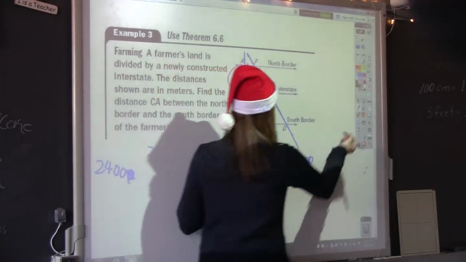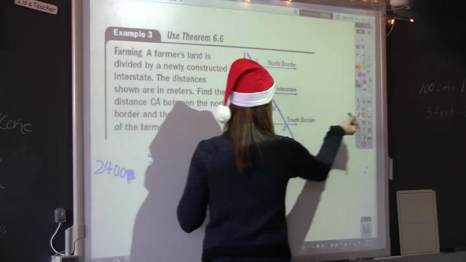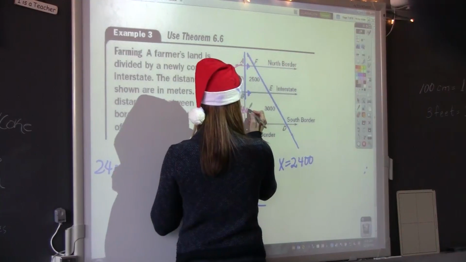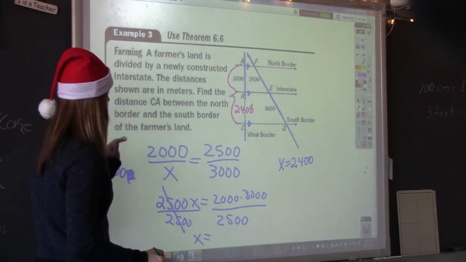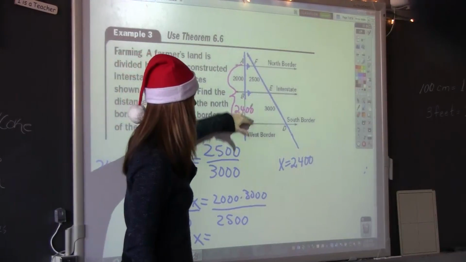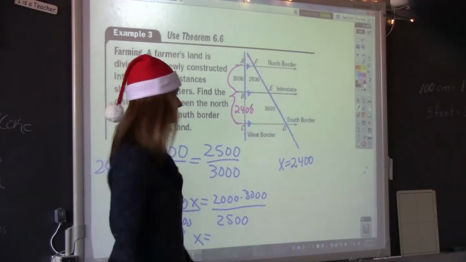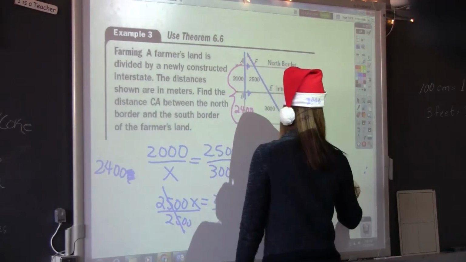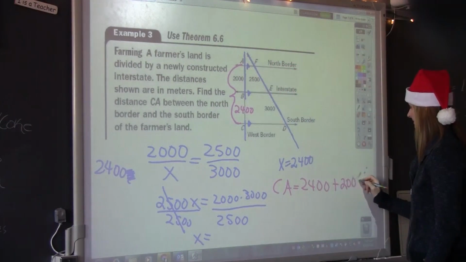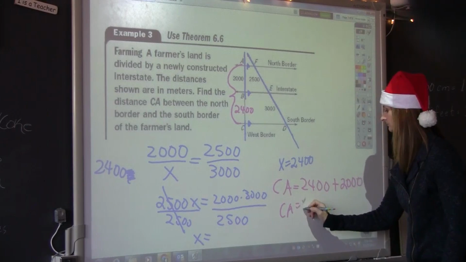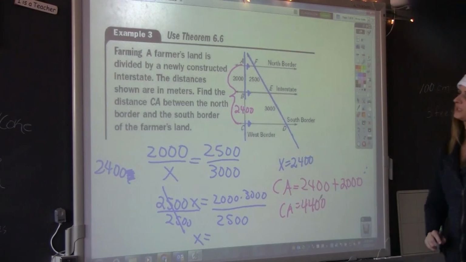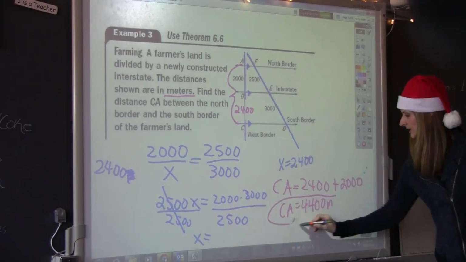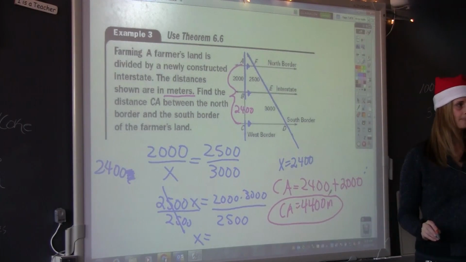So you guys found this length right here, CB, to be 2,400, right? This question is actually asking for the length of CA. So what would that be? 4,400, and we're dealing in meters. Don't forget the units.